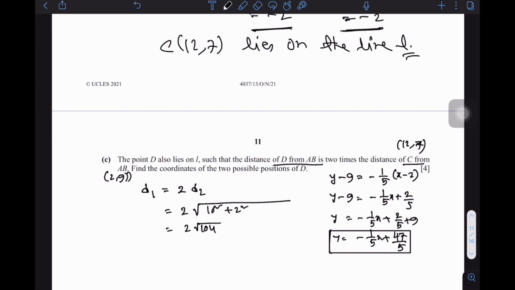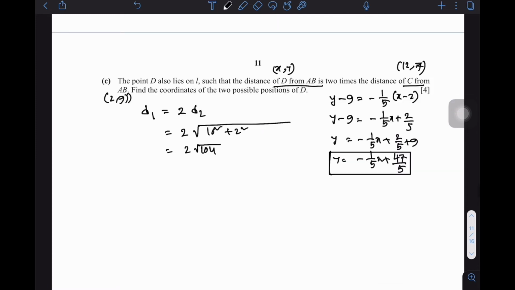Then D1, let me consider this as X, Y. So XY to (2, 9), the distance will be root over (X minus 2) whole squared plus (Y minus 9) whole squared.